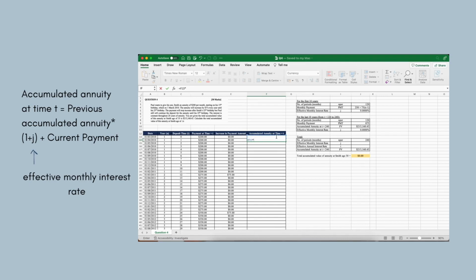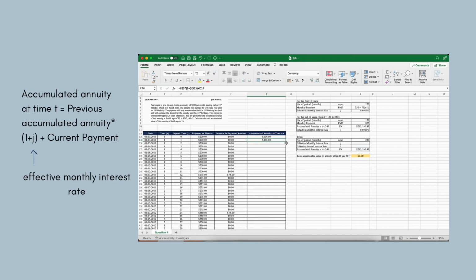So now the formula that we will use is the previous accumulated annuity at time t multiplied by 1 plus j, and we will also lock that cell because we don't want it to compound a different value, and we will add the current payment.